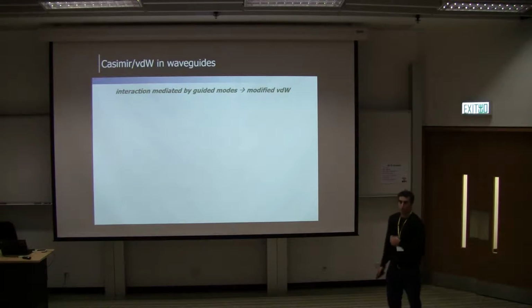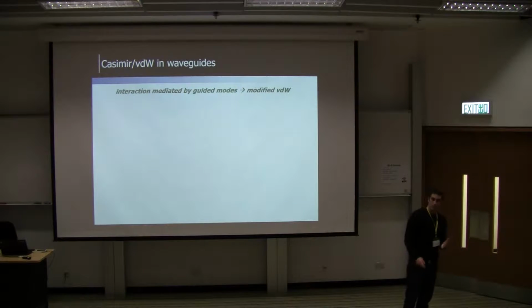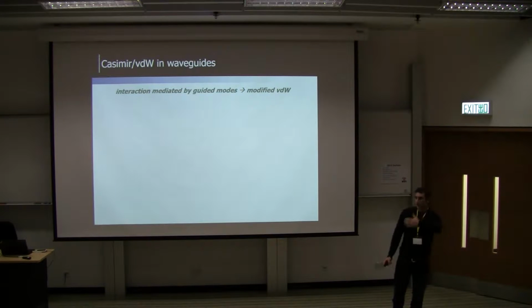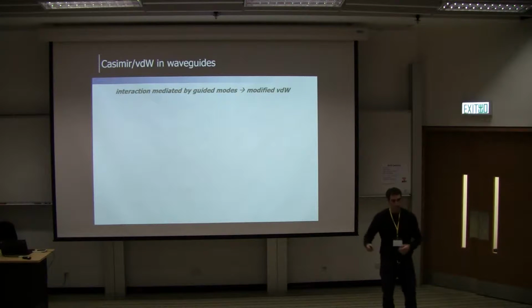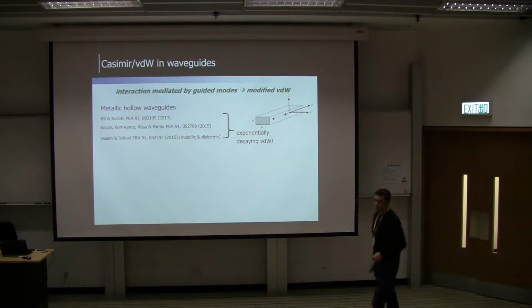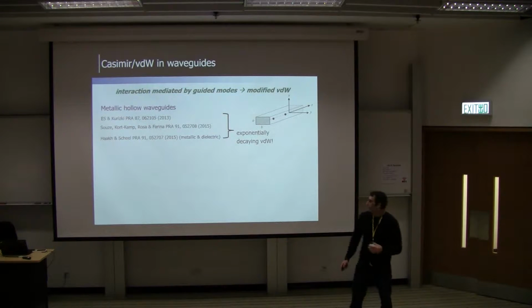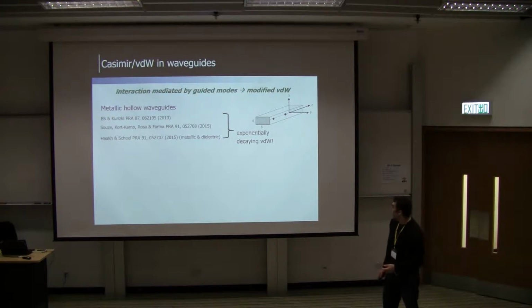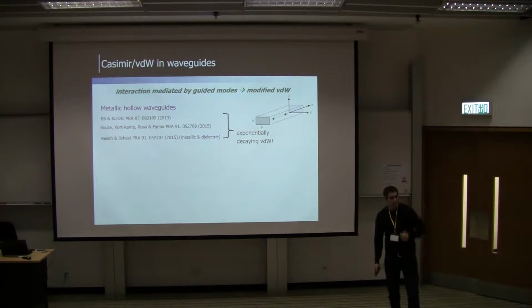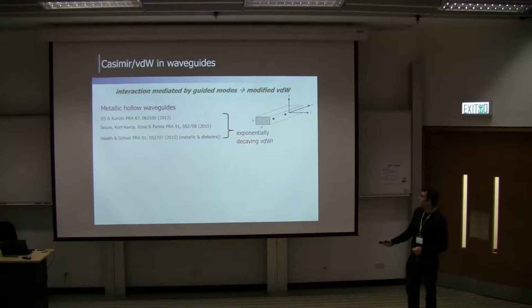In a waveguide, photons propagate in guided modes, so the van der Waals or Casimir interactions are mediated by these guided modes. Then you can have modified interactions. For example, these works have discussed metallic waveguides or dielectric waveguides, and exponentially decaying interactions were found, for example between two atoms, two dipoles, embedded in a waveguide.